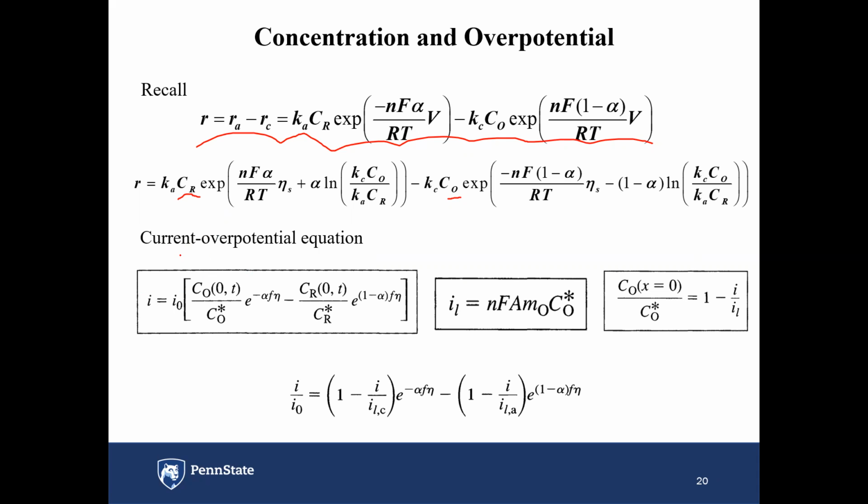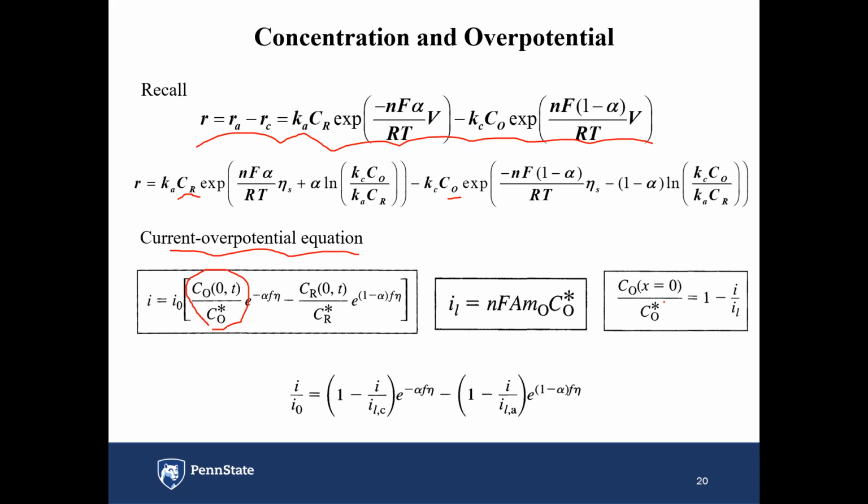we should consider the current-overpotential equation, because this term, when we have a non-steady state, is time dependent. The concentration is not the same as bulk at a certain time. So then the Butler-Volmer equation becomes the current-overpotential equation like this. And the limiting current we can calculate from this.